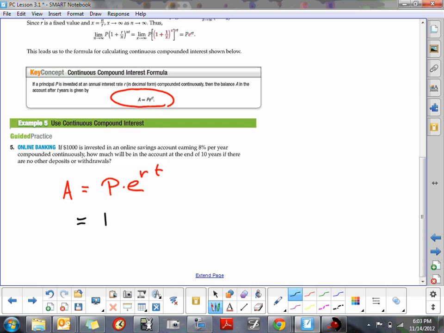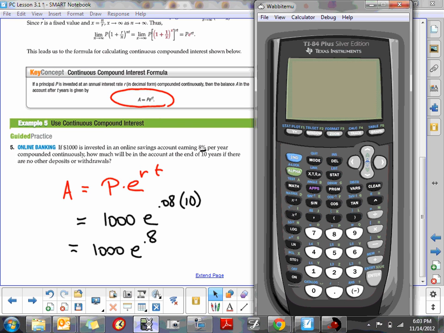Your principal is $1,000, which is what we invested. We're going to raise e to the power of our 8% interest rate times 10 years. So really what we're going to calculate is 1,000 times e raised to the 0.8, and we can see how much money we'll have in our account after that.